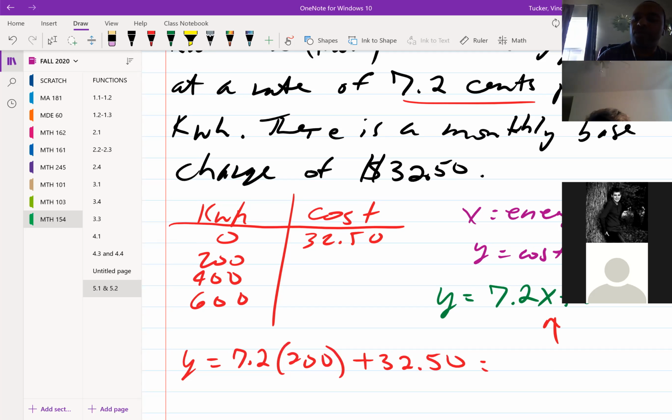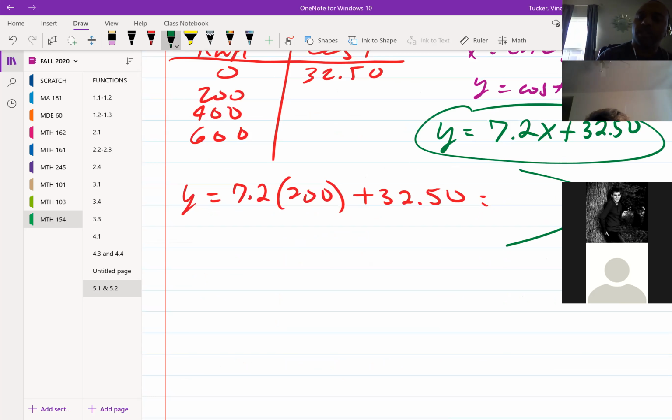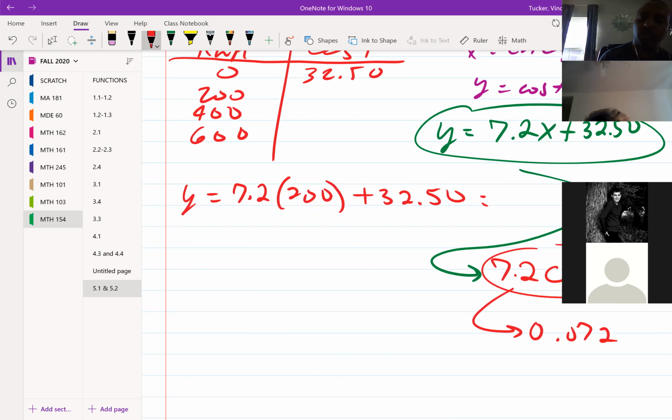Let's go back here, because it says 7.2 cents. So make sure you're careful with that. 7.2 cents is actually going to be 0.072. All right, so it should be 0.072.